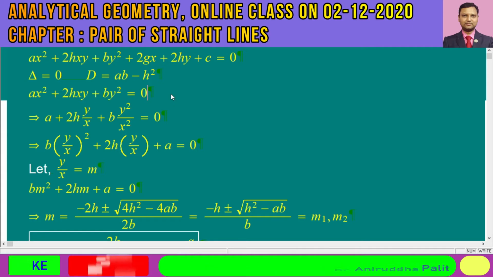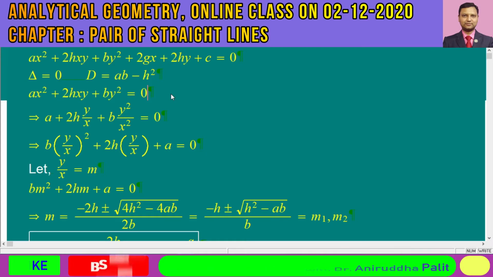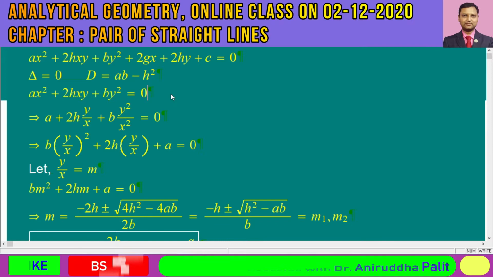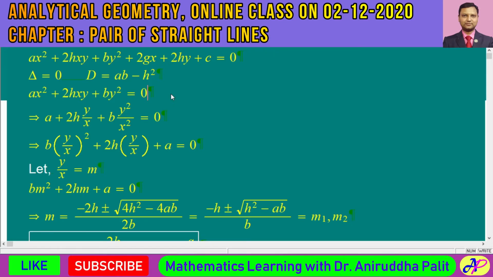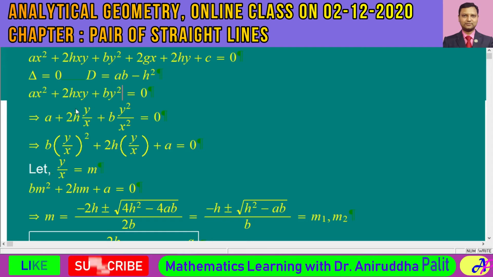If you go through that portion, you would find one chapter called functions of several variables, or functions of more than one variable. There you would get the exact definition of a homogeneous function, and this kind of expression would ultimately be a homogeneous function. For the time being, you can say that all the terms in this expression are of second degree, and that's why this is a homogeneous equation of second degree involving two variables x and y.